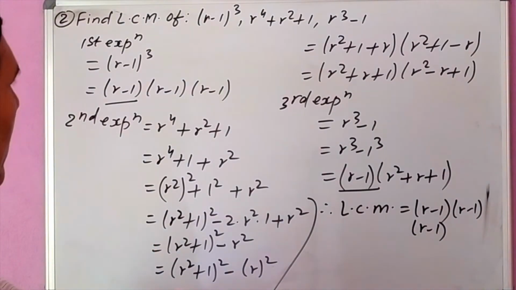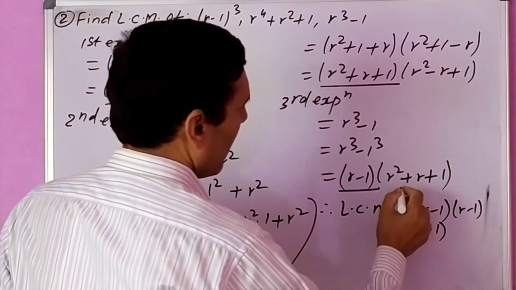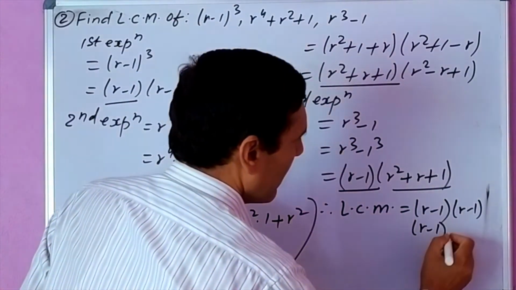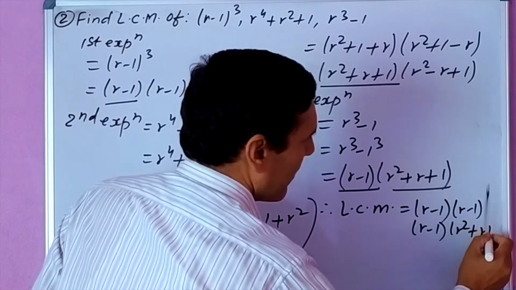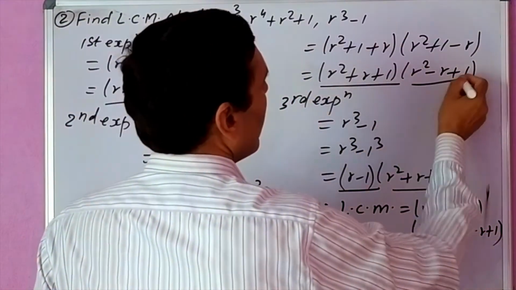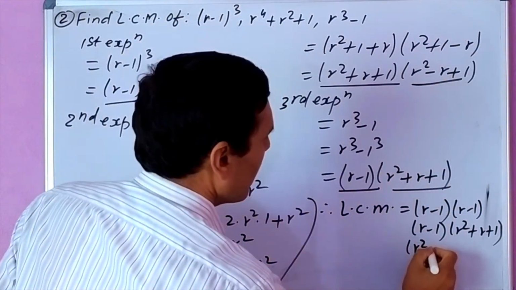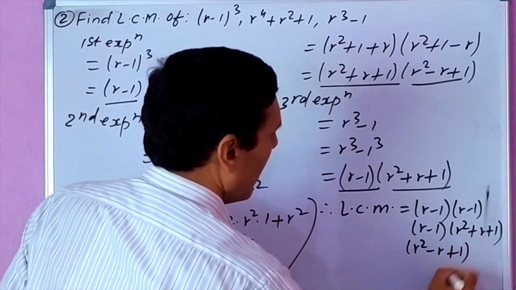second and third also, we have one expression common, that is R square plus R plus 1, and one more factor remaining here in the second expression, that is R square minus R plus 1.